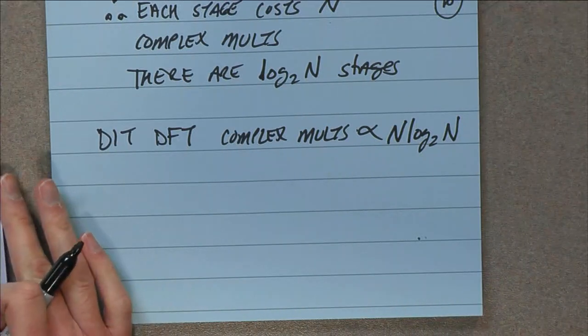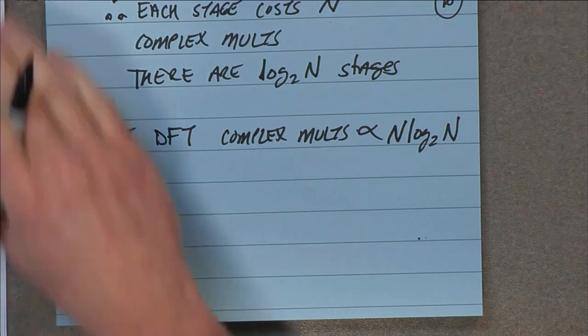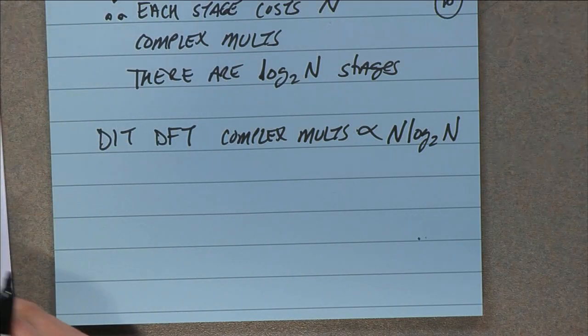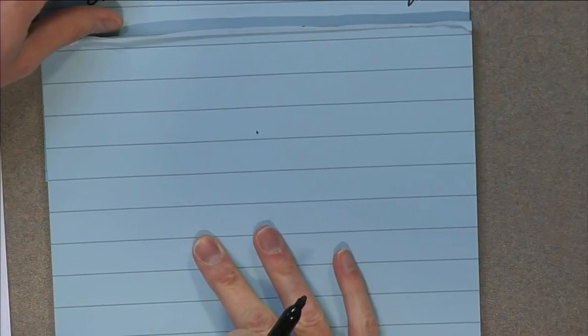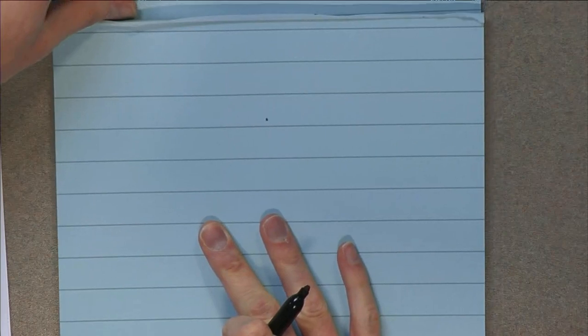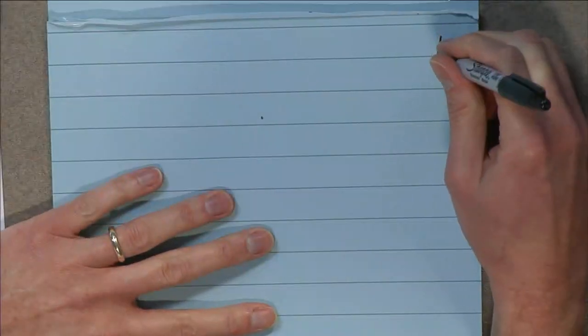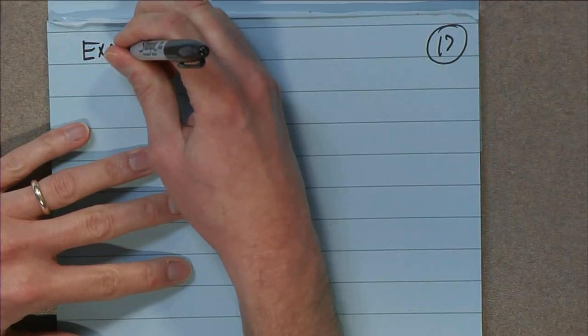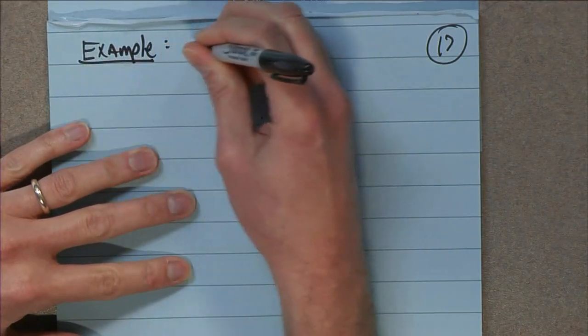Now I think with the time remaining, I wanted to do one example where n is 4, and then as we go through it, we'll do an example in MATLAB so you can see in real time and implementation-wise how this works. So let's do an example, and we'll have n equal 4.